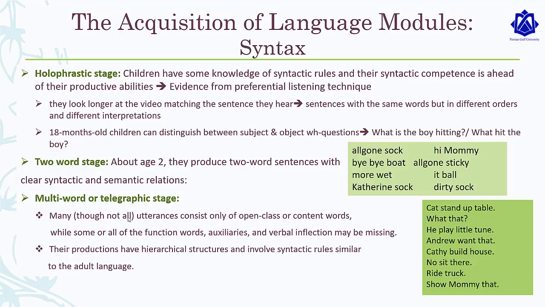Then comes the multi-word or telegraphic speech. In the multi-word or telegraphic stage, we have utterances that are mostly composed of content words. For example, what we have here, cat stand-up table. So here we have mostly content words.